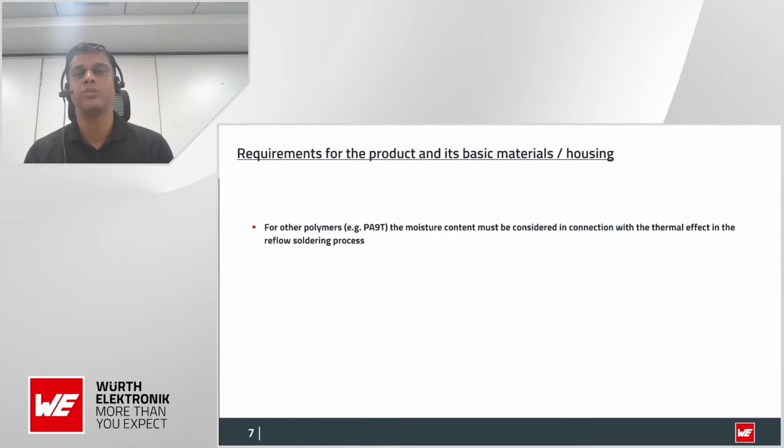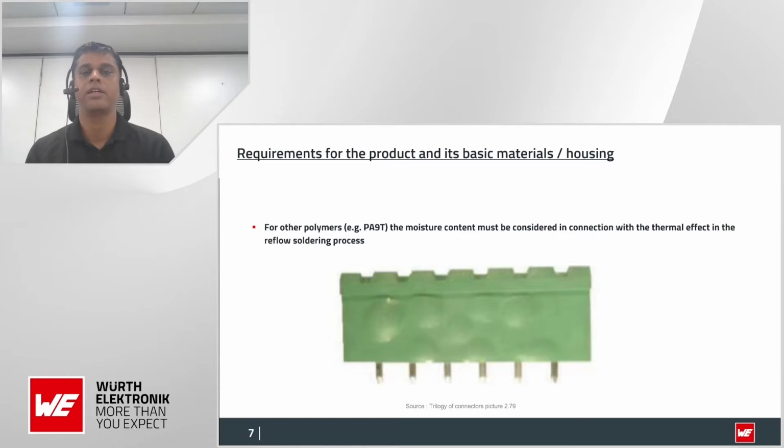For any through-hole component, the plastics we have used, typically polymers, are PA66 or PBT or PA9T, whose temperature competence is a little bit less when you consider the reflow process. These are more or less temperature and moisture sensitive.